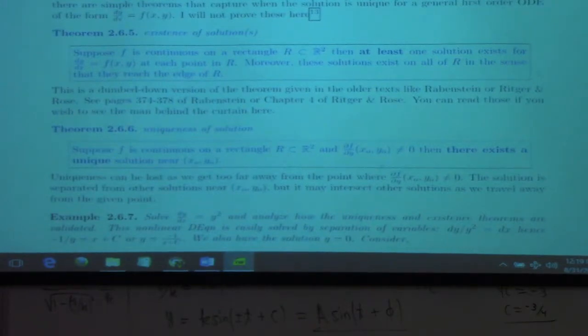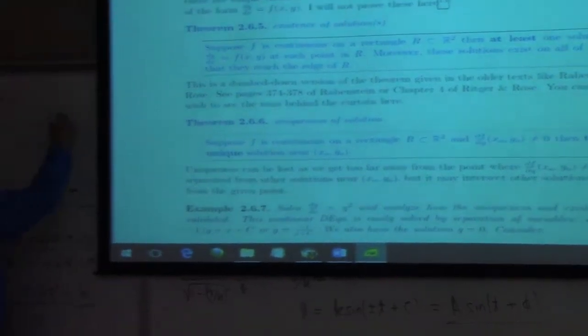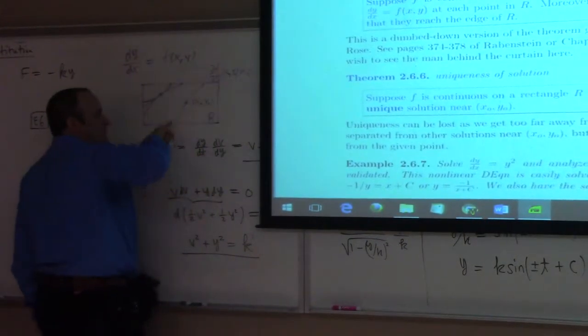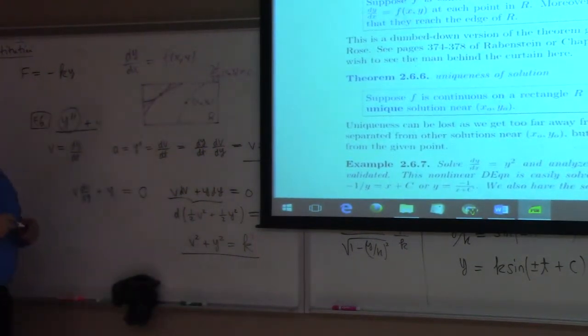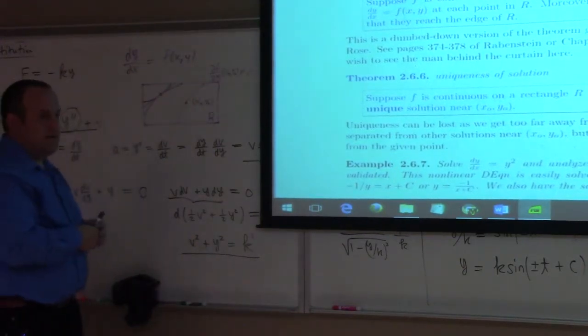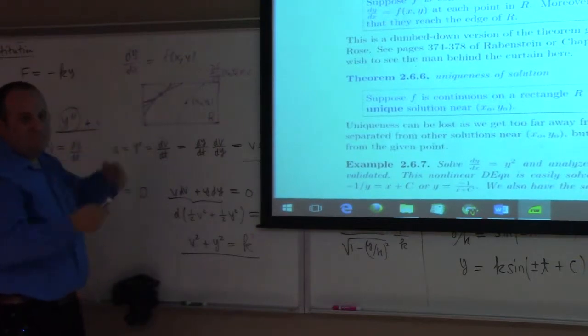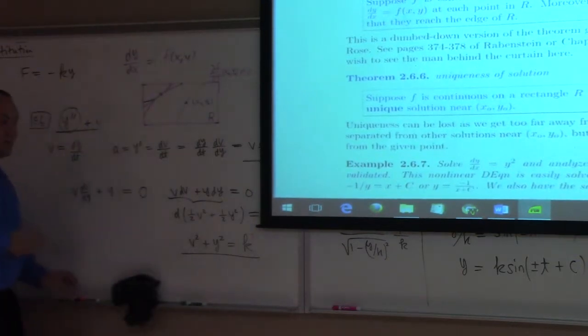But if at this other point, x naught, y naught, I have the condition that partial f partial y at x naught, y naught is not 0, that says there's just one solution that flows through that point. It's unique. So given an initial condition at that point, you know what's going to happen. If your initial condition is this point, I don't know what's going to happen.